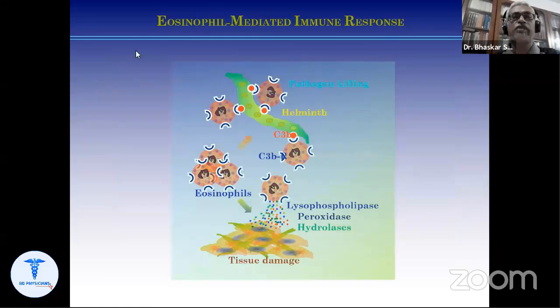Similarly, the eosinophils can attack the bigger pathogens like helminths, as they fix complement and secrete different mediators like lysophospholipase, peroxidase, and hydrolases, which not only kill the pathogen but also cause tissue damage.